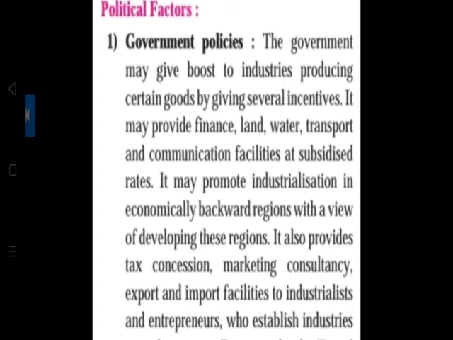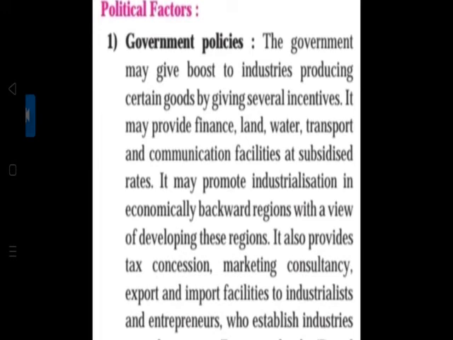It may provide finance, land, water, and transport and communication facilities at subsidized, reasonable rates. It will promote industrialization in economically backward regions.